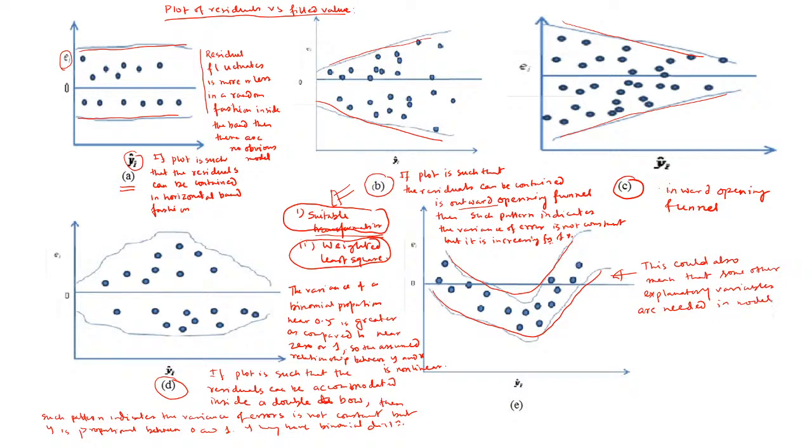For example, a square term may be necessary, and in that case the remedy is transformation on explanatory variables or study variable, and this may help for this situation. So in that situation we use transformation of variables.